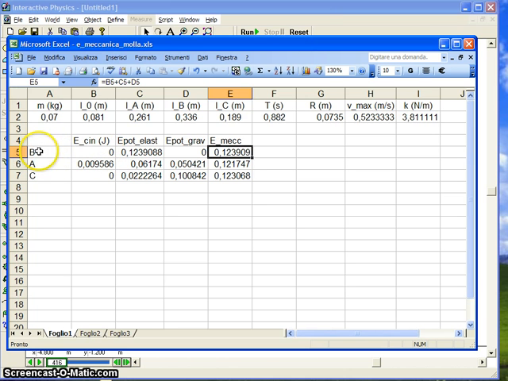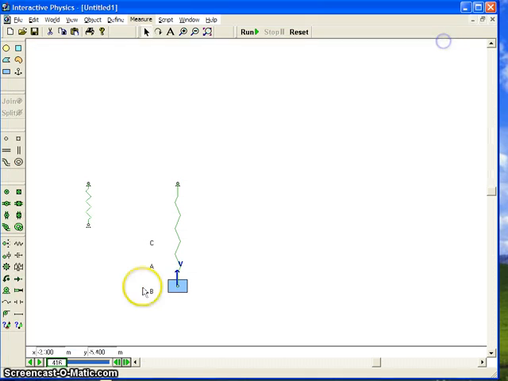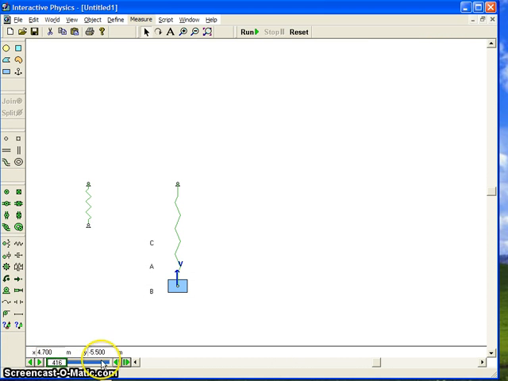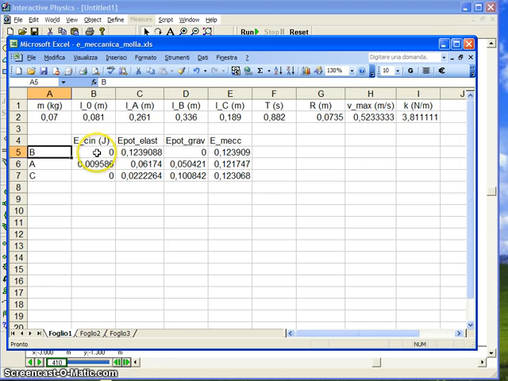For instance, in the extreme B position, the velocity was 0, so the kinetic energy is 0.